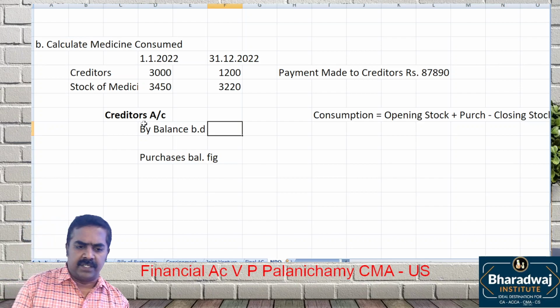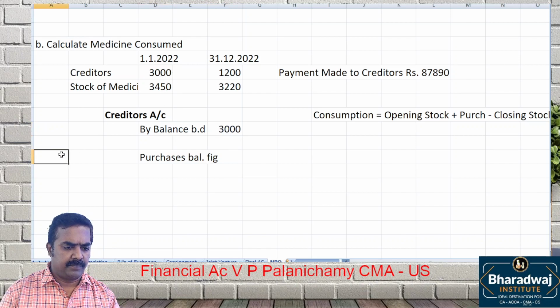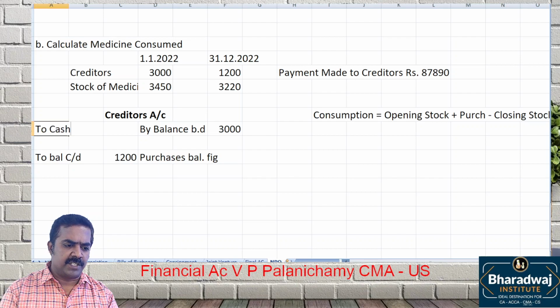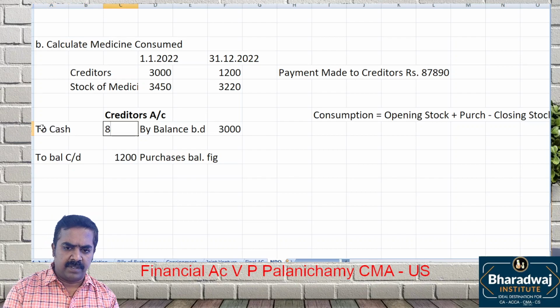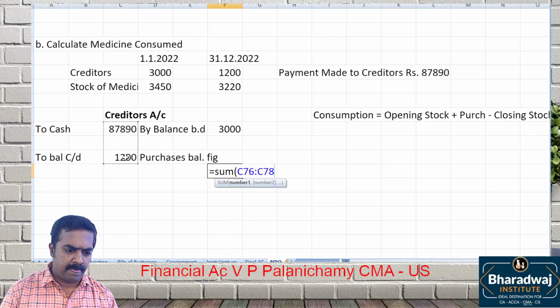Opening balance of creditors, how much is there? 3,000. To balance carry down, how much is there? 1,200. To cash paid to them, how much of cash is paid to them? 87,890. As a balancing figure, we get purchases.